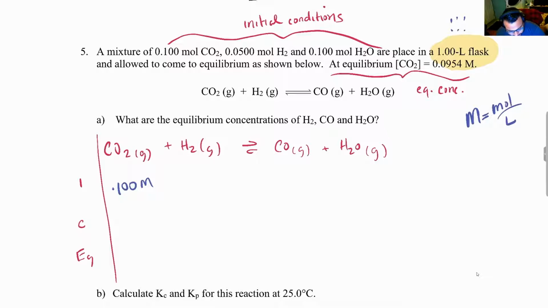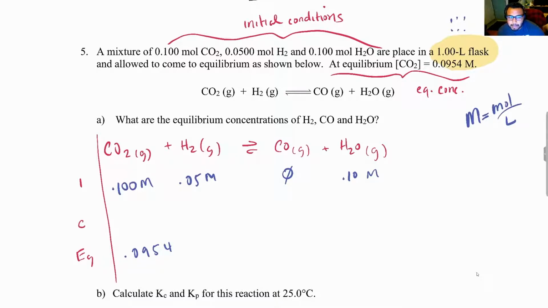H2 is 0.05 molar, and we have 0.1 mole of H2O, so 0.1 molar. It appears as though we have no CO to begin with, so I'm going to say my initial value is 0, just because they didn't give us a value. Then at equilibrium, our concentration of CO is 0.0954.